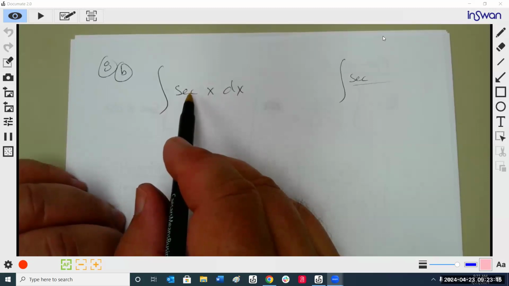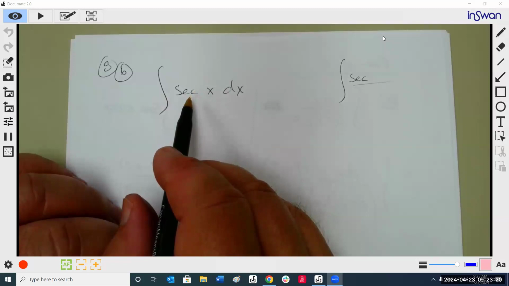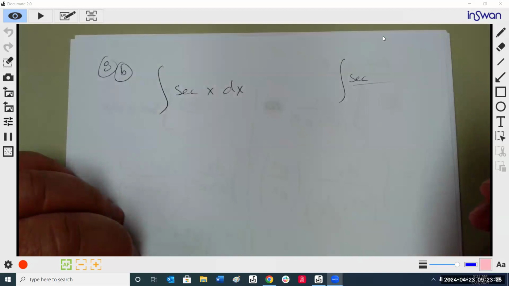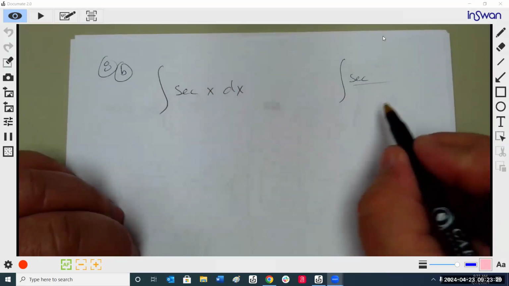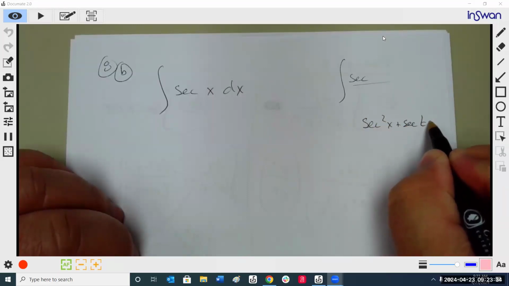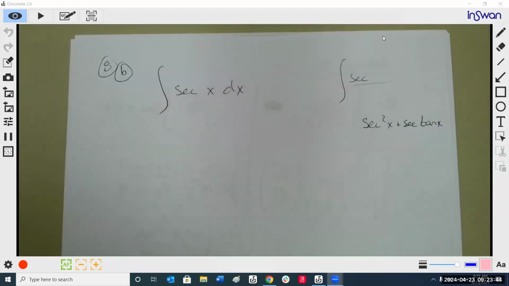Whose derivative is some function of secant? Look at this one. Whose derivative is that?